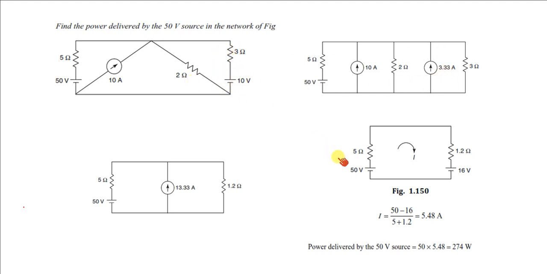If I convert this, we know the formula for conversion: you can convert this voltage source into a current source by V is equal to IR, so I is equal to V by R. So I is equal to 10 by 3.